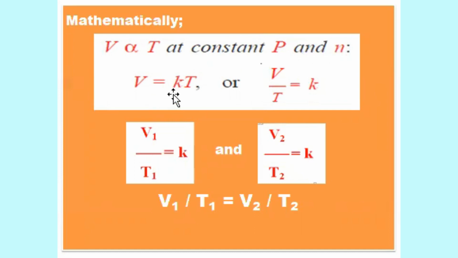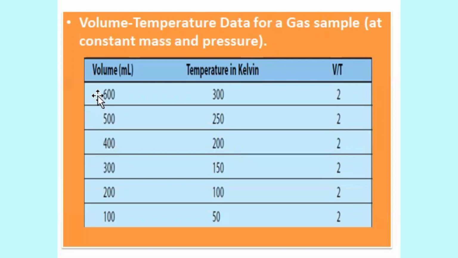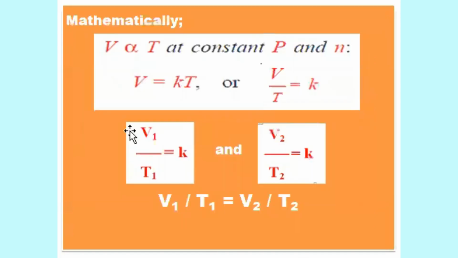Volume equals K times T, where K is a constant number, or V over T equals K. As we have seen in the graph, volume divided by temperature gives the constant number K. This implies V1 over T1 is constant, V2 over T2 also is constant, and V3 over T3 equals constant.